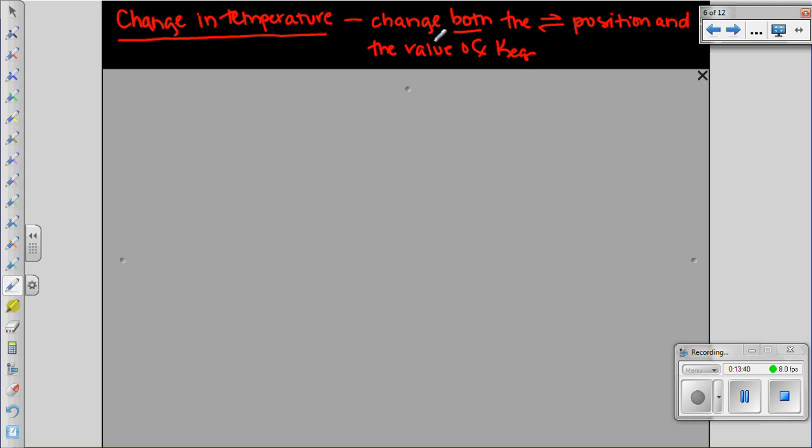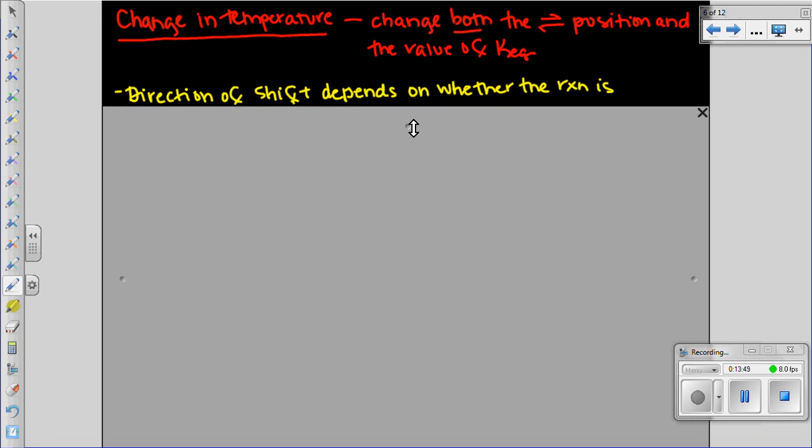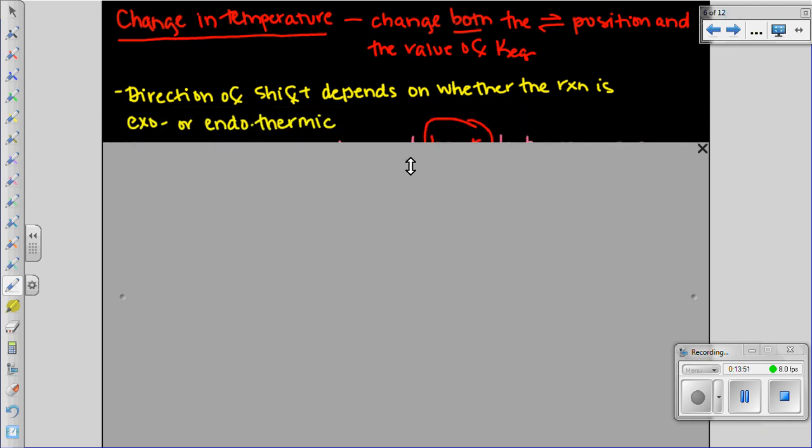So when you have a change in temperature, that will change both the equilibrium position and the value of the equilibrium constant. So what we want to do now is look at what's going to happen to the direction of the shift. The direction of the shift is going to depend on whether the reaction is exo or endothermic.